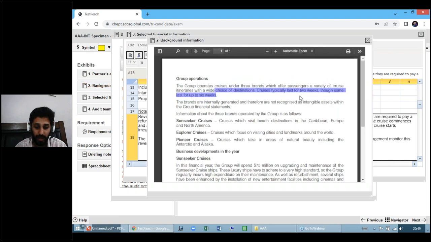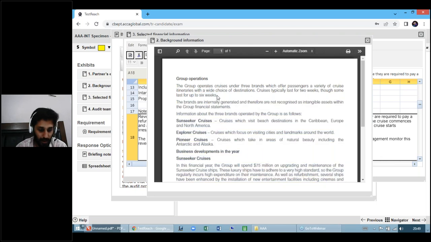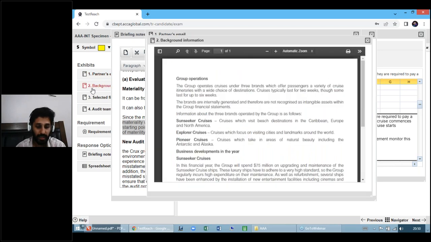And you can see that the cruise typically takes up to 6 weeks, right? So the point to be noted is that when the cruise takes 6 weeks, they are recognizing the revenue at the starting point. It should be spread over 6 weeks.